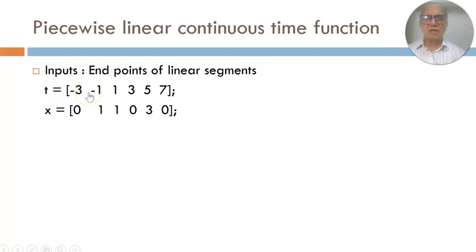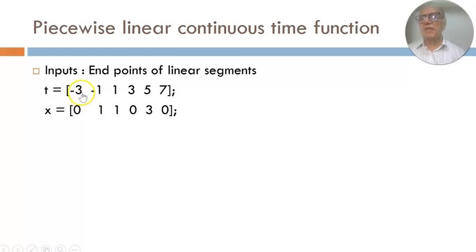But when you are talking about continuous time function, if you take -3 and -1, in this range also you can have very large number of points, because your sampling time is going to be TS, which is going to be quite small compared with this total time segment. So that is one difference you should note. Otherwise, apart from that, the program for writing the function is very similar, but we'll point out the differences as we go through that function.